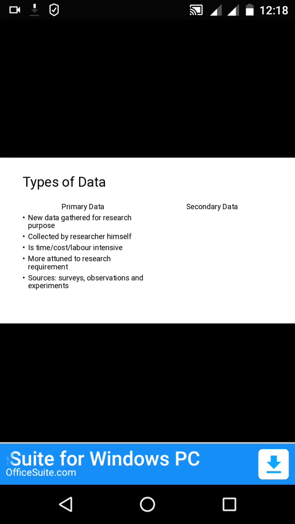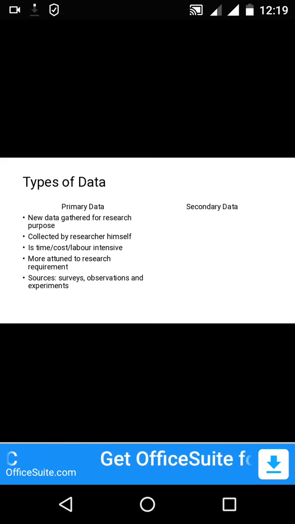You will simply source this data from these entities. In this scenario, the data that you have sourced from other researchers, other organizations, other research agencies or government agencies will now be called the secondary data. So the main difference between the primary and the secondary data is, while the primary data is collected by the researcher himself for his own research, the secondary data is originally collected by somebody else, and the researcher who is conducting a research finds that the data which has been collected by somebody else is relevant to his research.